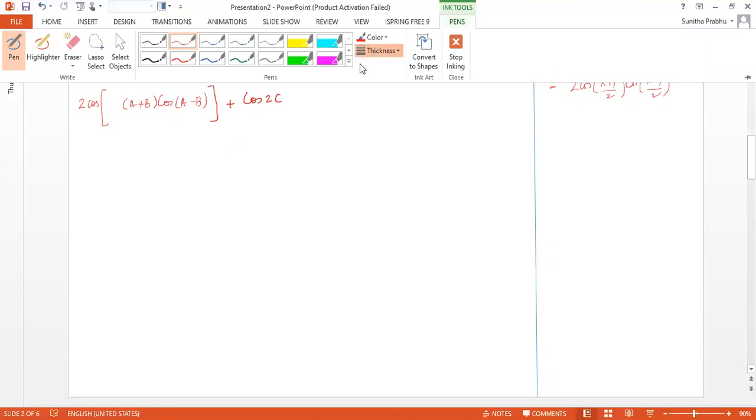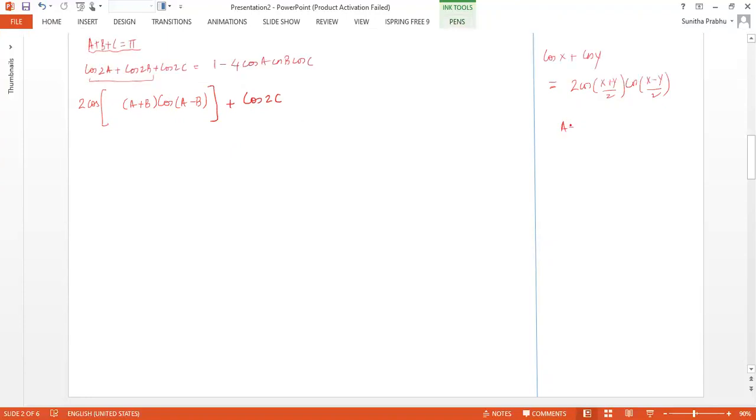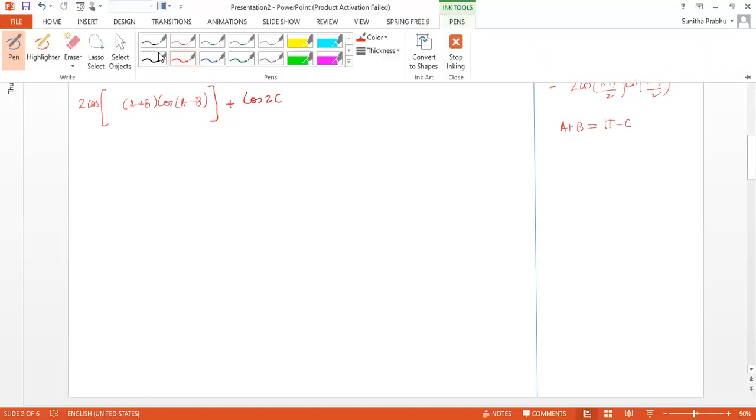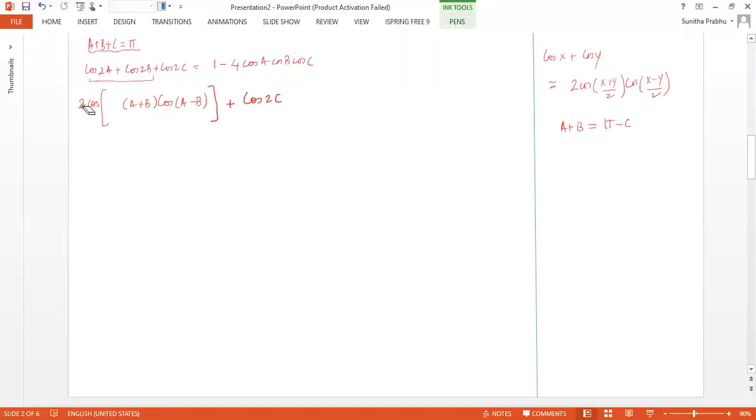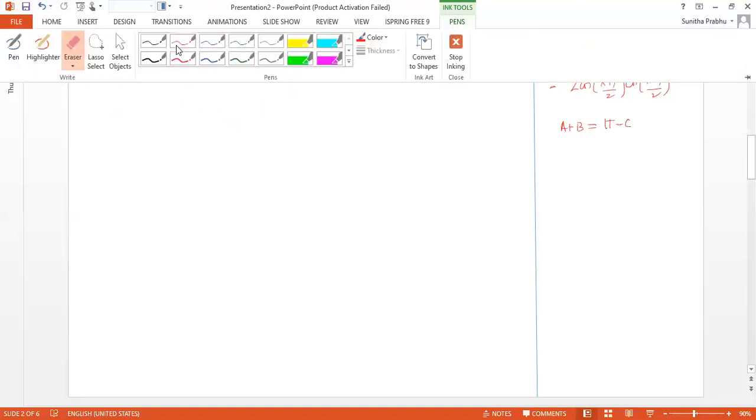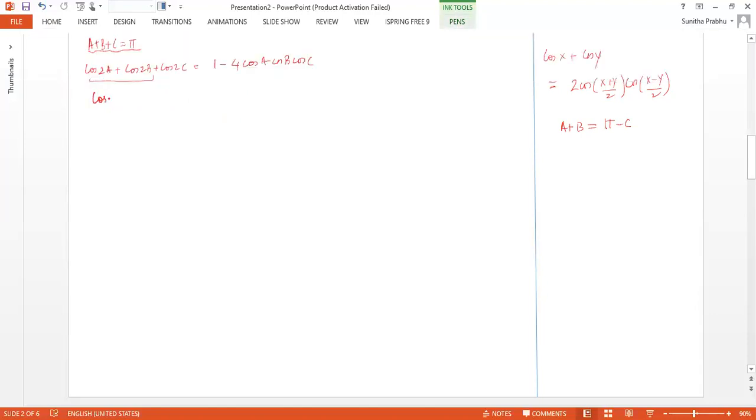Once again, this a plus b is nothing but pi minus c. I have written this somewhere the wrong way, so there's no cos inside the bracket. This is cos of a plus b into cos of a minus b, and the 2.